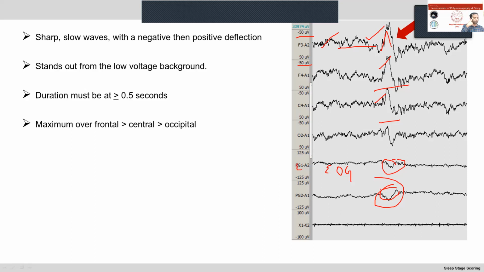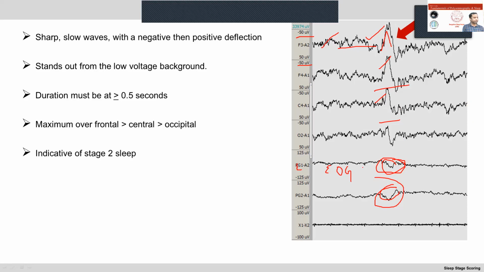Due to this, the electrode near the eye also picks it up. So the K complex appears in the EOG because of volume conduction. This is called EOG artifact. This is not eye movement.